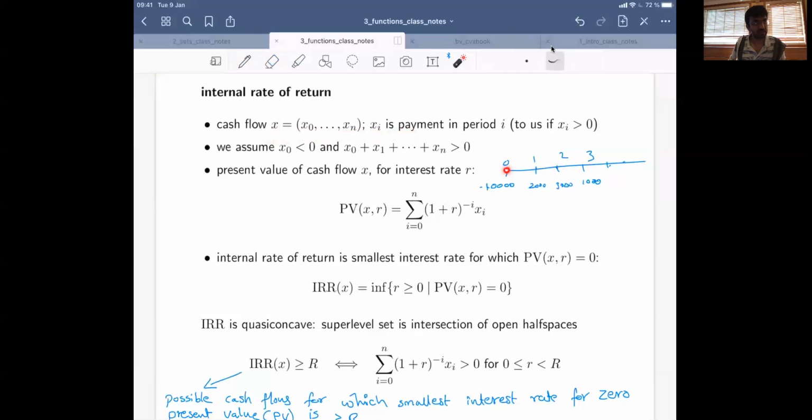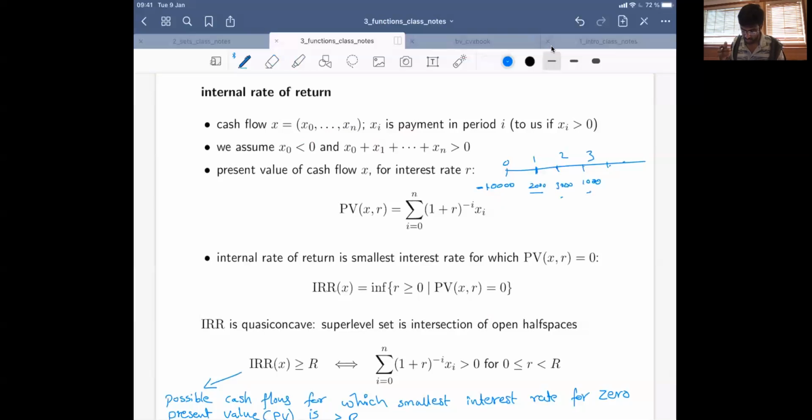So when you start the business or a project, you invest, for example, $10,000. That's why I am writing this as minus 10,000. That is the money that went out of your pocket. Let's say at the first year you got 2,000 return, second year 3,000, and third year maybe 1,000, something like that.